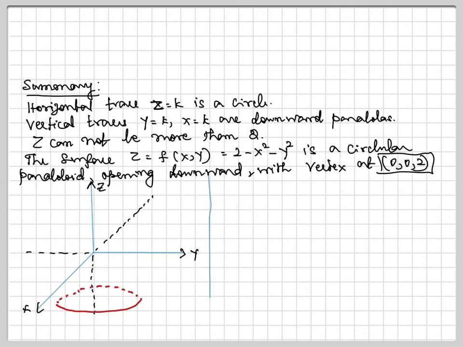It can be considered at any height, negative height, but for the z value, positive k cannot exceed 2. The negative k can be any value. So all these are families of circles. And then the yz trace is going to be a downward parabola. Then the xz trace is again a downward parabola. So the surface, which is the circular paraboloid, looks the way it is shown in this graph.